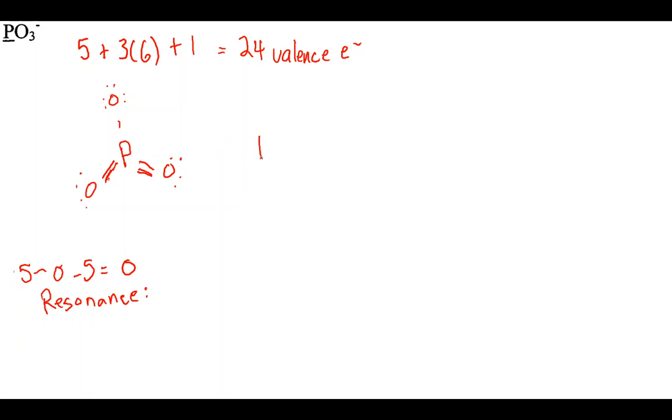So phosphorus could have the 2 double bonds with this oxygen and the single bond over here, or it could have the single bond over here and then the double bonds over here. The actual structure is a hybrid of the 3, remember. But in this case, resonance is possible. So our best structure is any one of these 3, essentially.